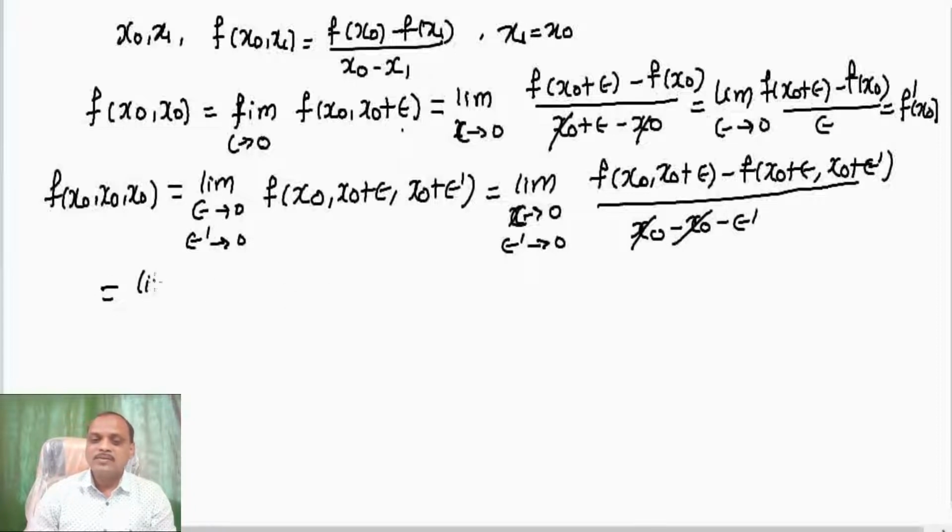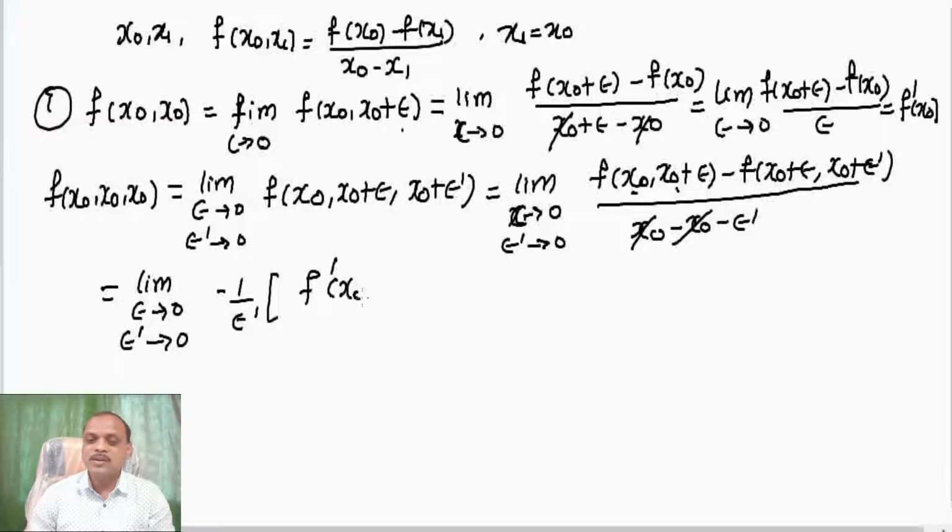Here we have calculated the difference of these two, which is nothing but f dash of x0 and minus f of x0 plus epsilon comma x0 plus epsilon dash.